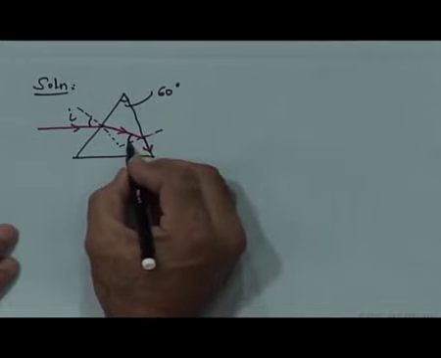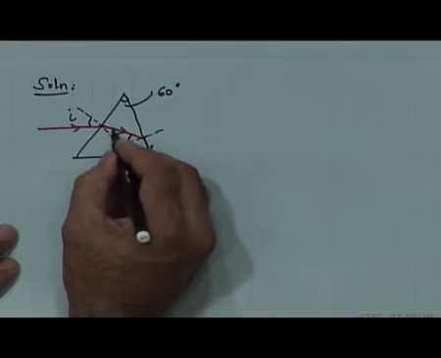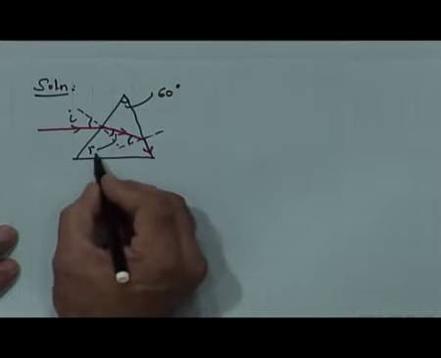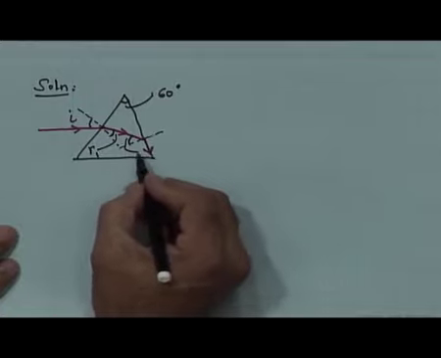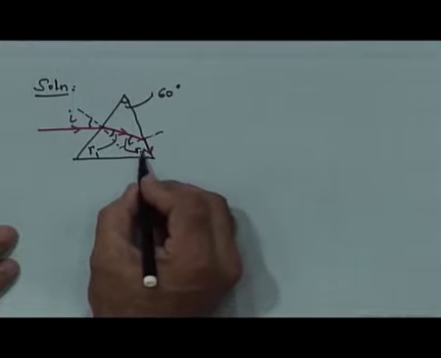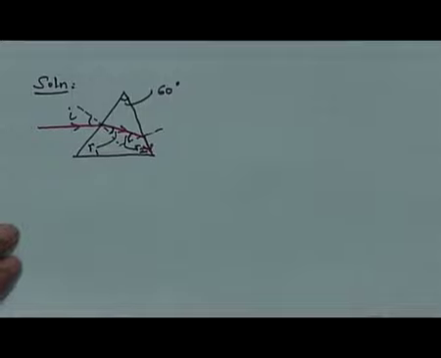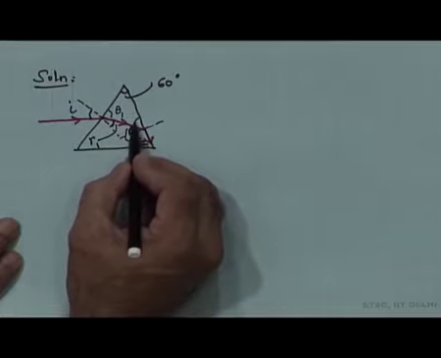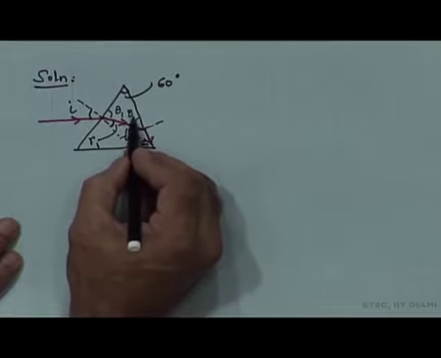There are two refracting angles here. Let me call this one as R1 and this angle here as R2, and let me draw this angle here as theta 1 and this angle theta 2.